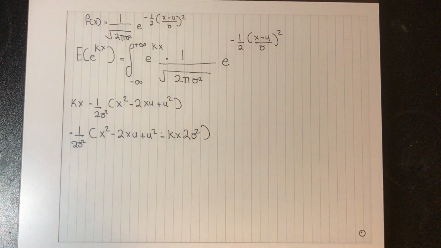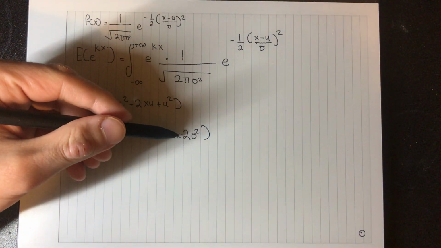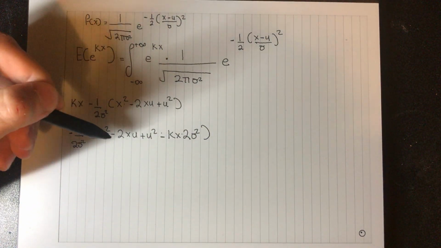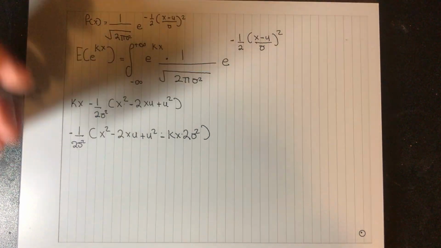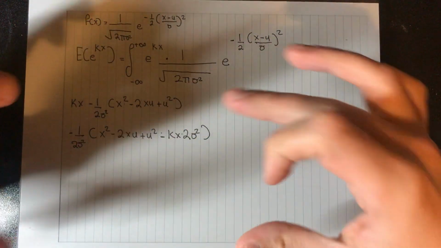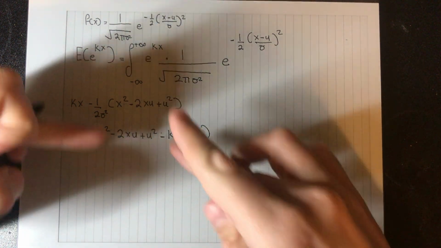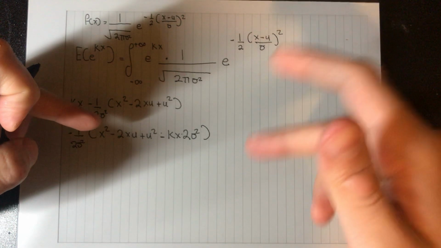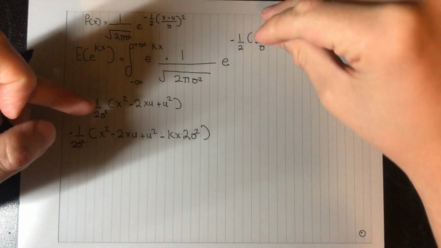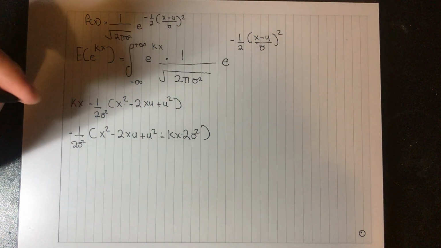Okay, so now that I have done that, I realize that those two could be combined together. The reason that I'm doing it is, again, I'm trying to get it into this format, so that eventually I can get to this compact format, which the normal distribution is very famously known for.